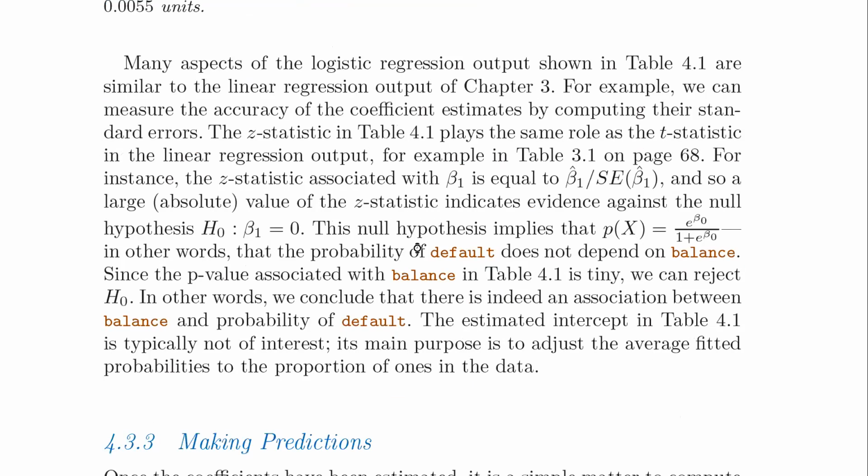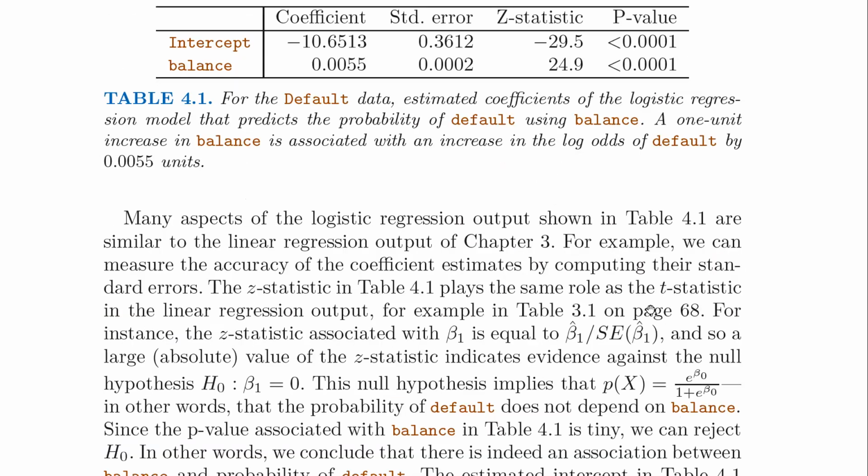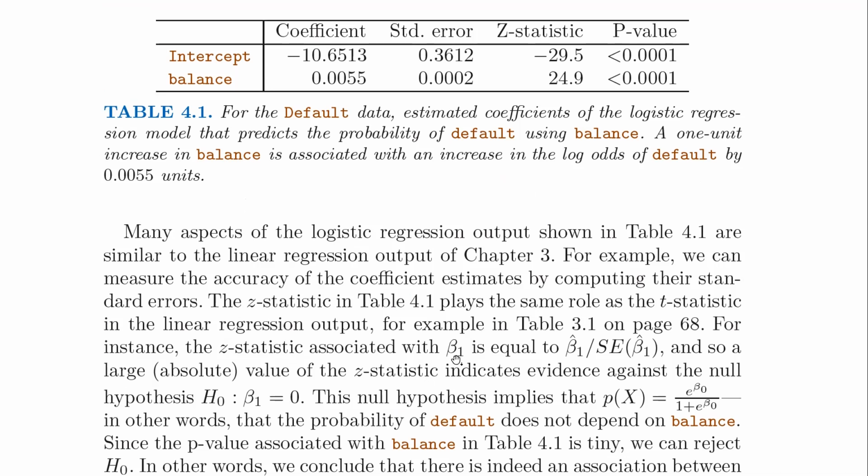The Z statistic in table 4.1 plays the same role as the T statistic in the linear regression output. For instance, the Z statistic associated with beta 1 is equal to beta 1 hat divided by the standard error of beta 1. And so a large absolute value of the Z statistic indicates evidence against the null hypothesis.